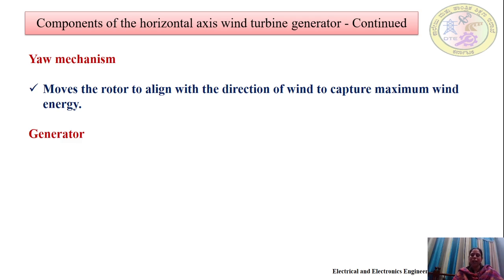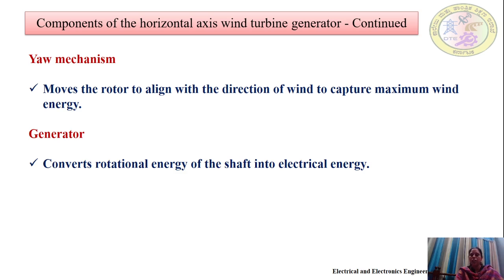Generator, the main part of the power plant, converts mechanical energy into electrical energy. It converts the rotational energy of the shaft into electrical energy. One end is attached to the wind turbine, the other end to the electrical grid. So, generator, what does it do?